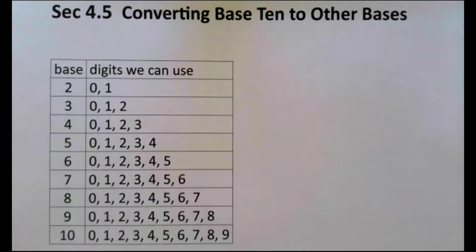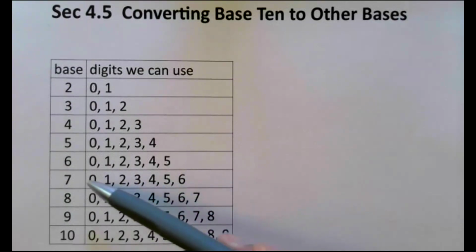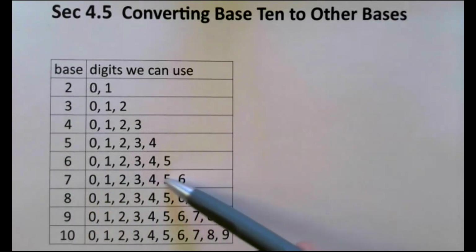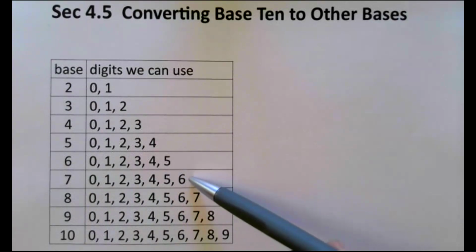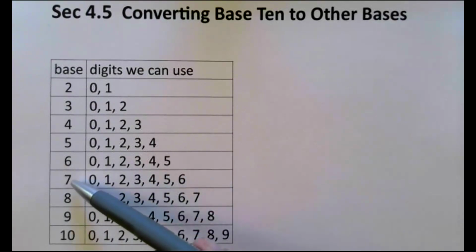Say, for example, we're converting a number into a base 7 number. Our answer should only have digits from 0 through 6. So this is pretty important. I might bring that up another couple times.